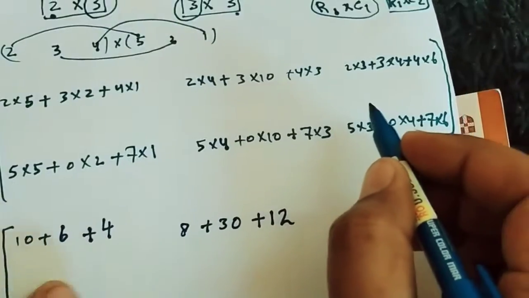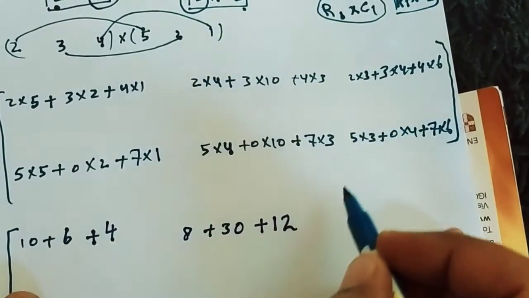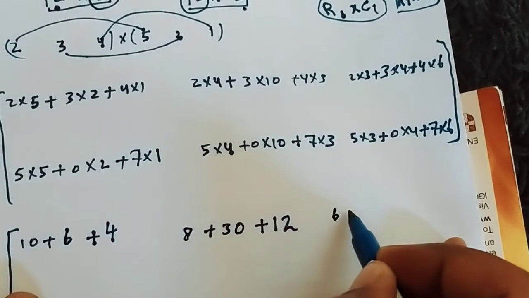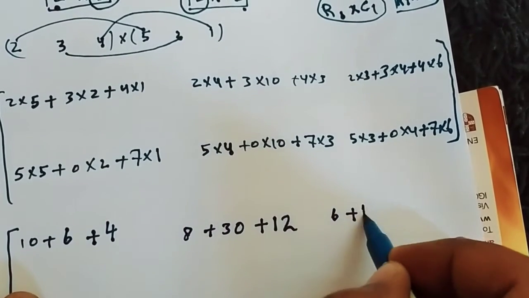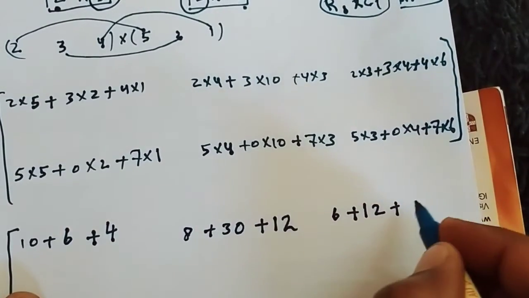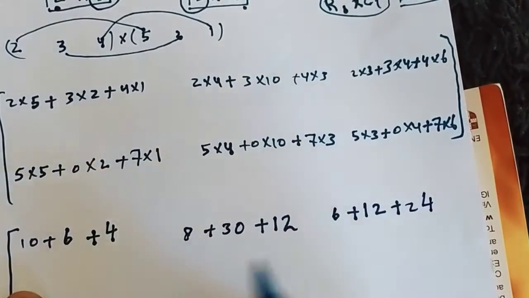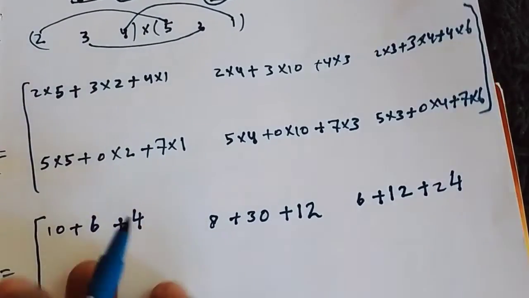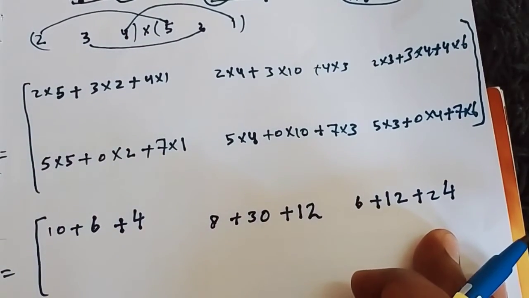Then 2 multiply 3 equal 6, plus 3 multiply 4 equal 12, plus 4 multiply 6 equal 24. Then the second row. First row multiplication completed.